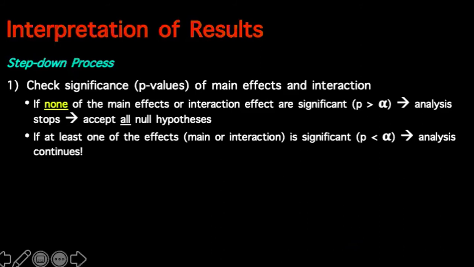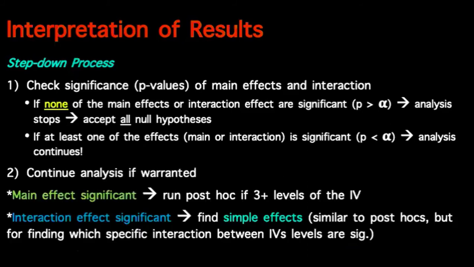So if you have no significance, you stop the analysis for that effect. If you do have significance, we do as normal and we have our post hoc tests, or pairwise comparisons. So this will be pairwise comparisons for the main effects. And then technically for interaction effects, we look at what's called simple effects, but they will also pop up as pairwise comparisons in your SPSS outputs, okay?